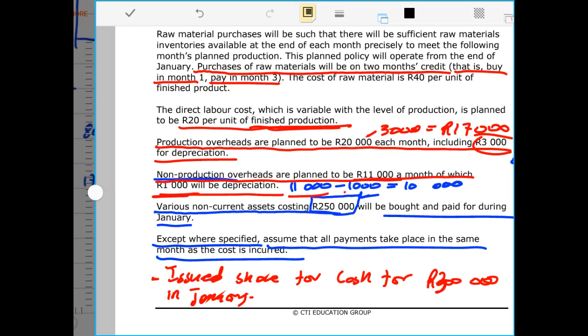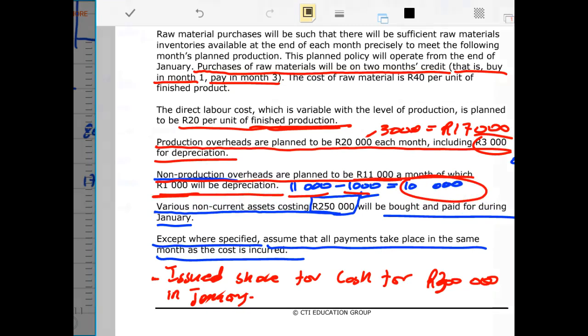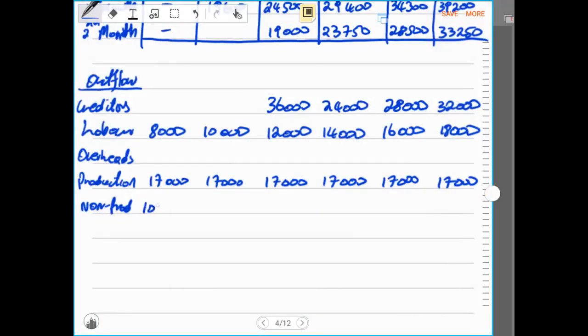We said 11,000 less 1,000 gives us 10,000, excluding depreciation, in each and every month. So this will be the non-production overheads.